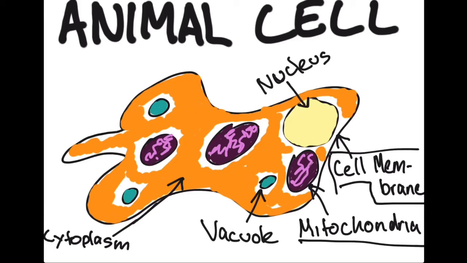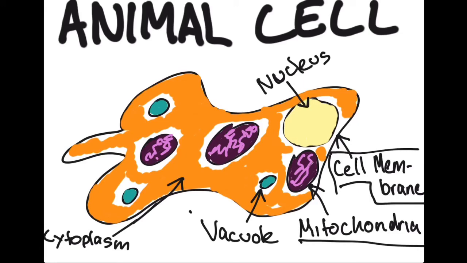So that's why they have their chloroplasts. But in animal cells, it can be protein, lipids, carbohydrates, anything that a human eats that is transferred into energy by the mitochondria.